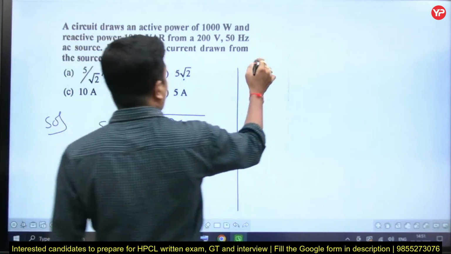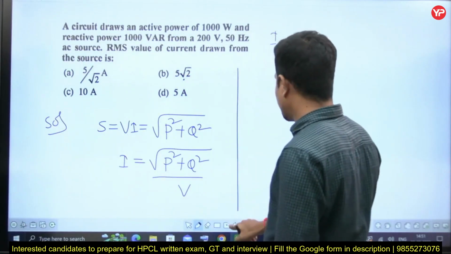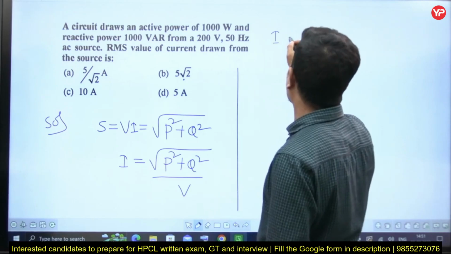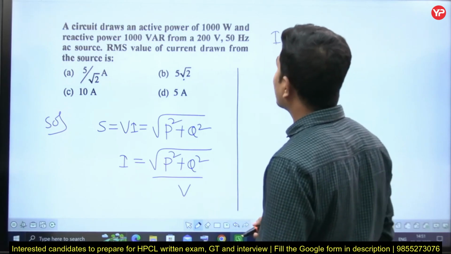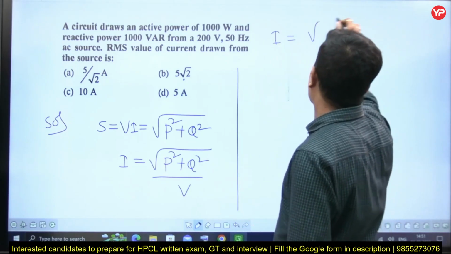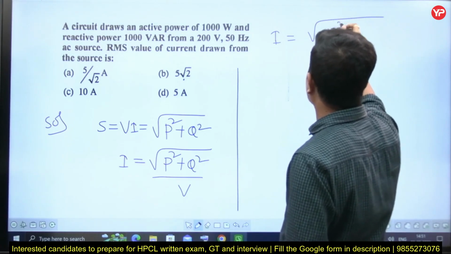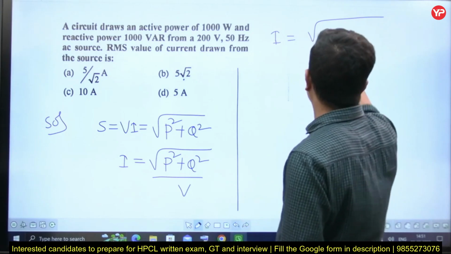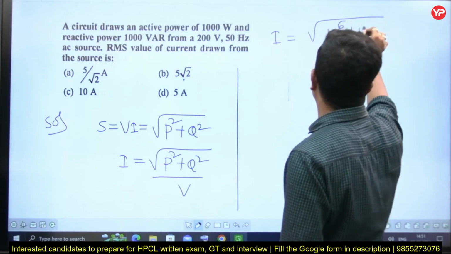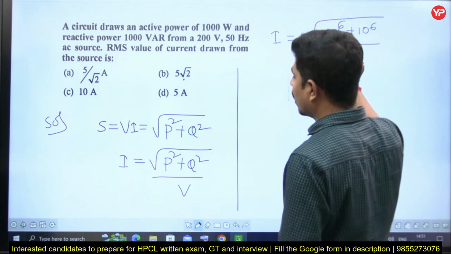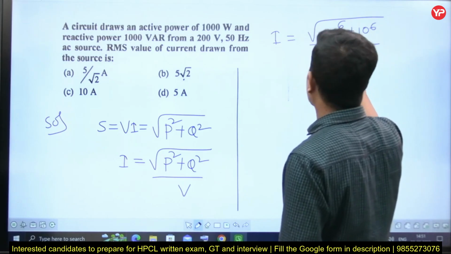What is I? Root of P square plus Q square by V. How much is P? 1000, right? Under root of 10 cube square, 10 to the power of 6, plus 10 to the power of 6, by how much? 200.